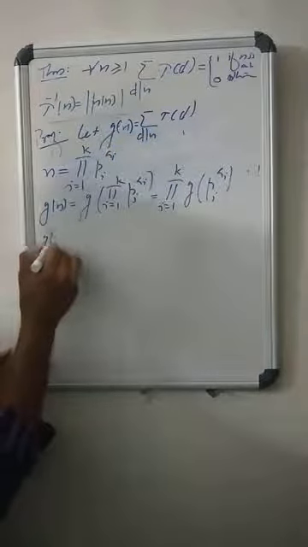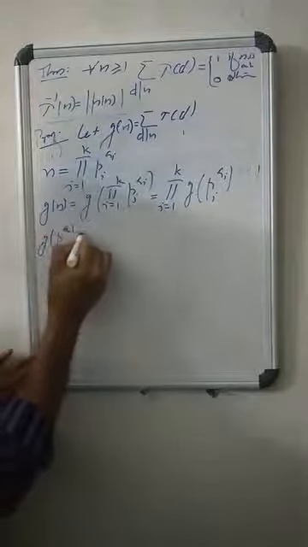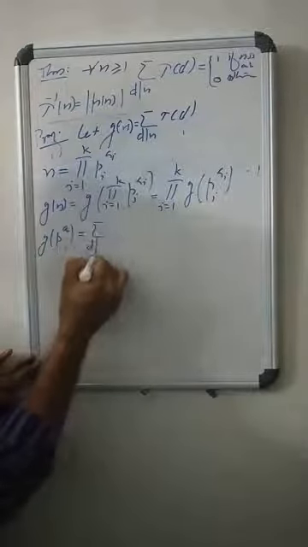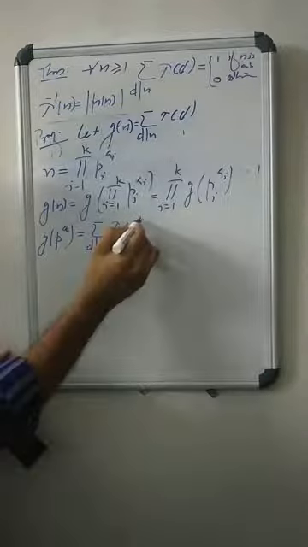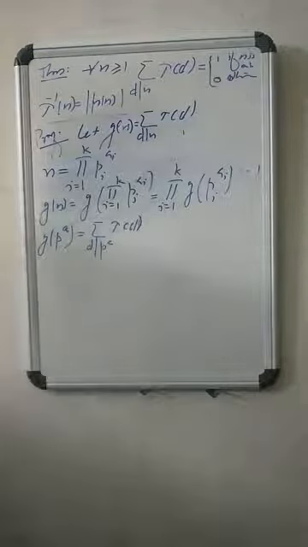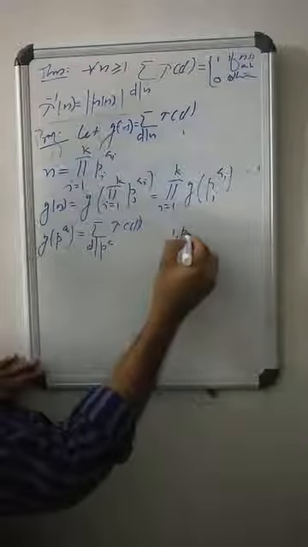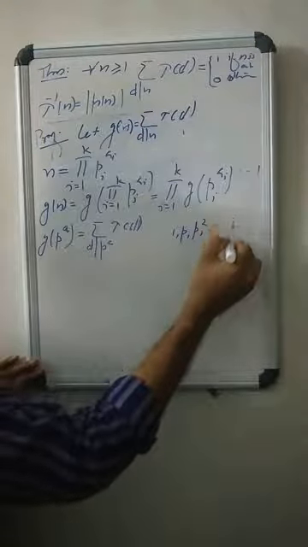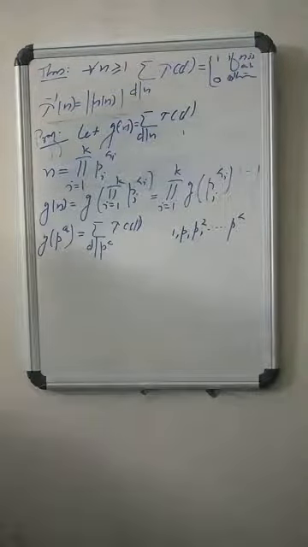So what is g(p^a)? g(p^a) is the sum over d dividing p^a of lambda(d). The divisors of p^a are 1, p, p square, etc., up to p^a.